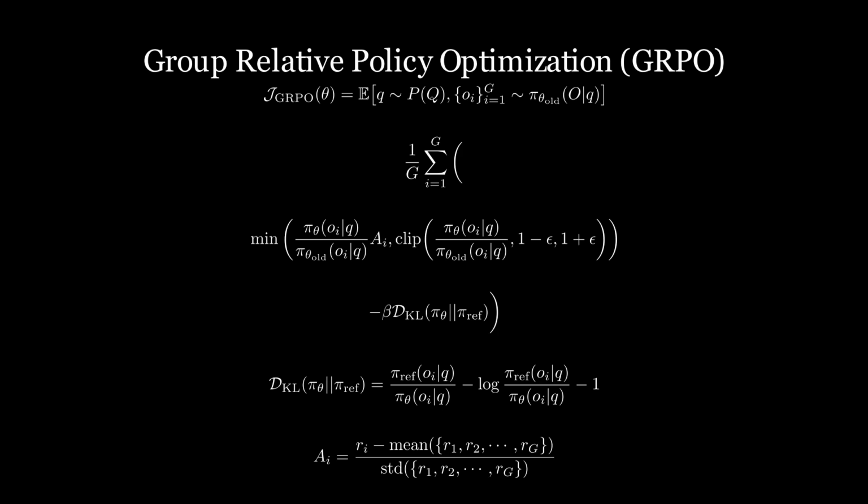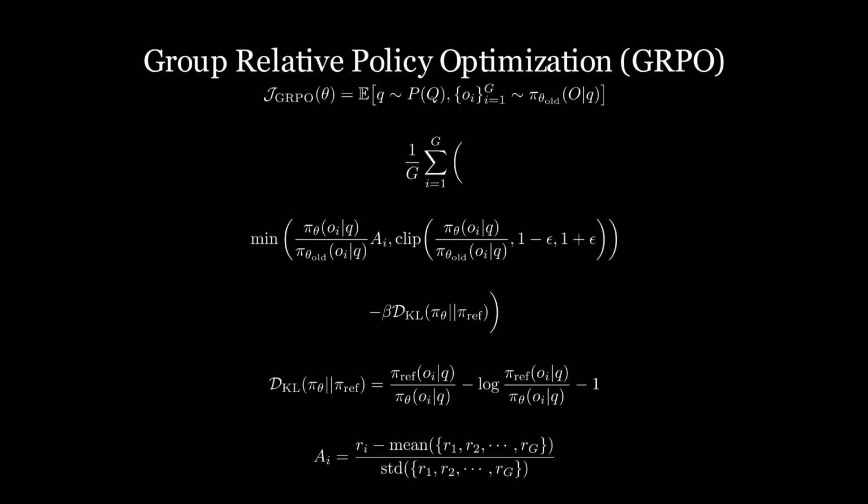small positive hyperparameter. From this minimum, we subtract beta, another hyperparameter, multiplied by the KL divergence between the current policy pi of theta and the reference policy pi sub ref.